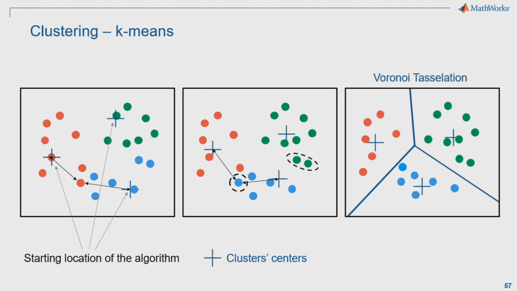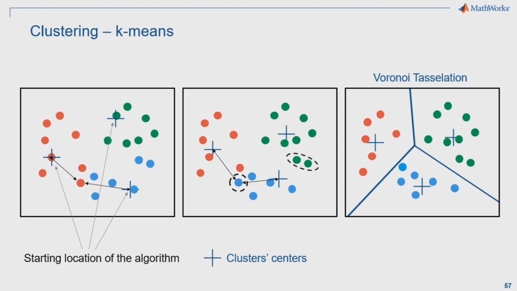In the last picture, you also see a way to visualize this with the Voronoi tessellation, which is a 2D representation of what could be improperly called the decision boundary of this clustering technique.